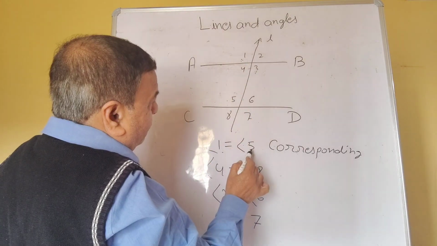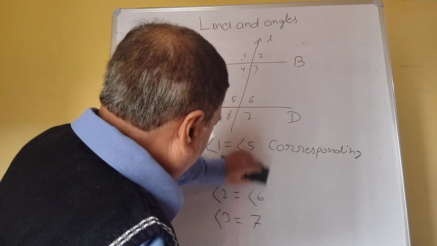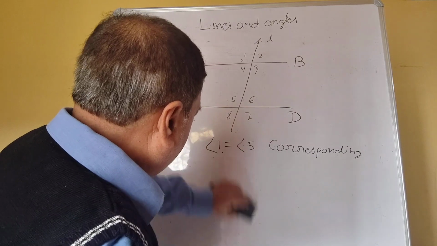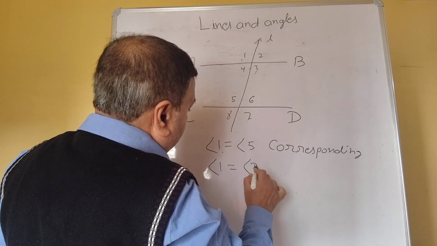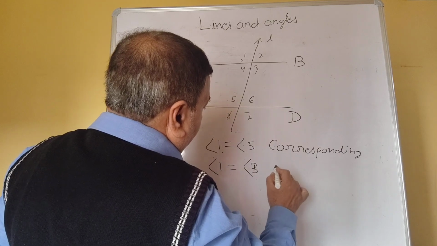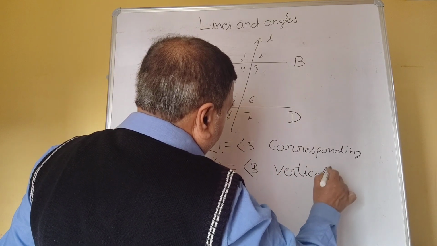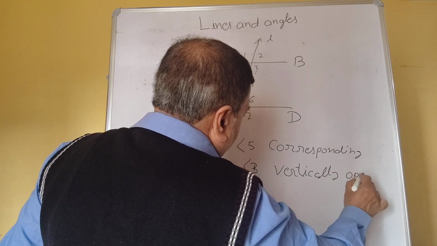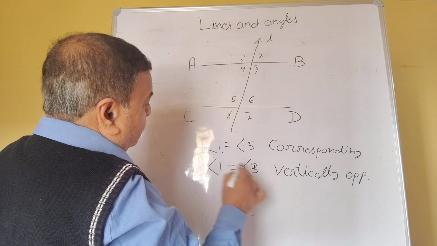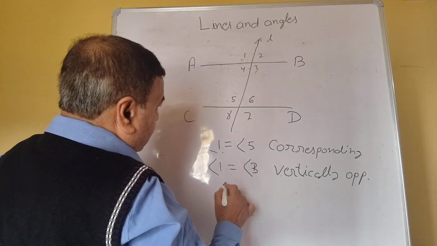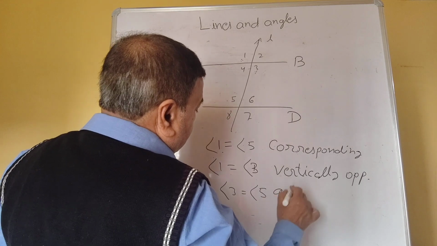Since 1 is equal to 5 and 1 is also equal to 3, 3 and 5 will be equal. So angle 3 will be equal to angle 5. Very simple. Alternate angles.